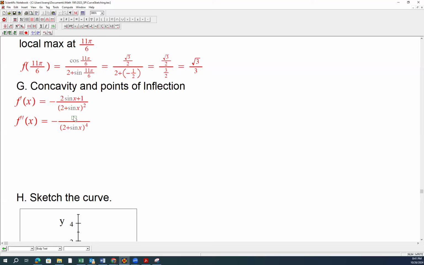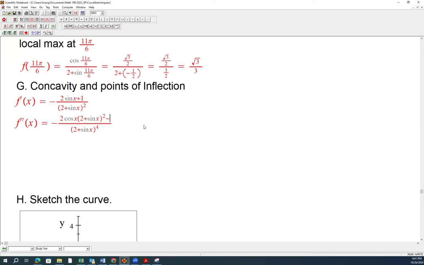I'm differentiating this piece, that's going to be 2 times cosine x, multiplied by the denominator, which is something squared, subtracting, this time, I'm going to keep the numerator and differentiate the denominator. Differentiating this piece is going to be 2 times the parentheses, and differentiating inside the parentheses, we get cosine x.